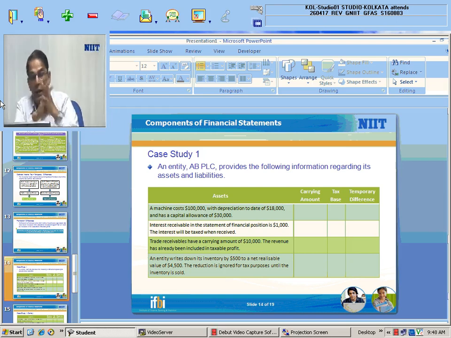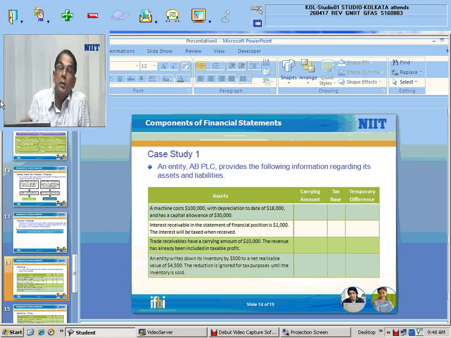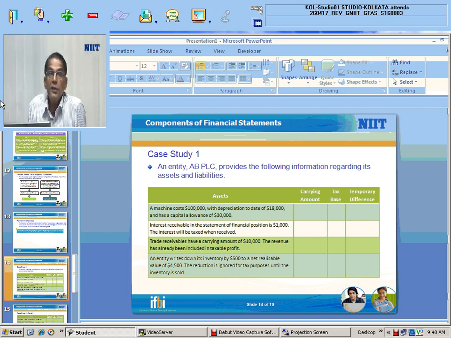Capital allowance is provided as per the tax laws. Capital allowance of 30,000 means that under the tax law, the machine has been depreciated to the extent of 30,000. So the value attributed to that asset based on the tax laws is 100,000 minus 30,000, that is 70,000. So the tax base of the machine is 70,000, whereas the carrying amount is 82,000.